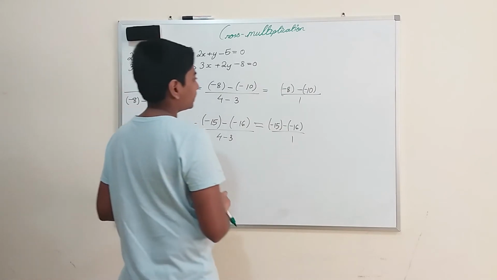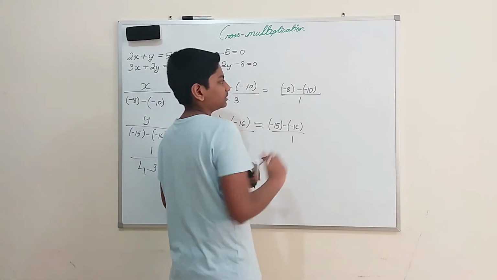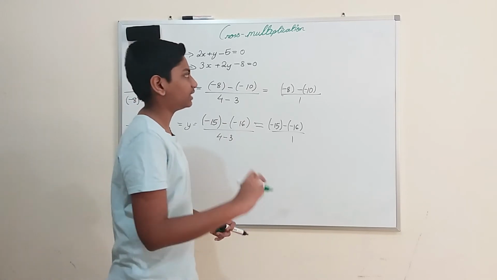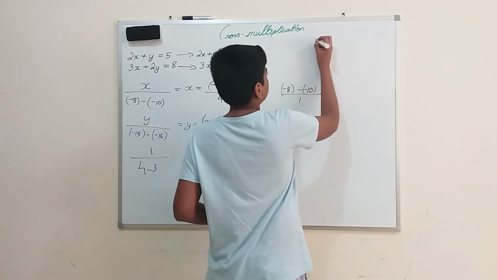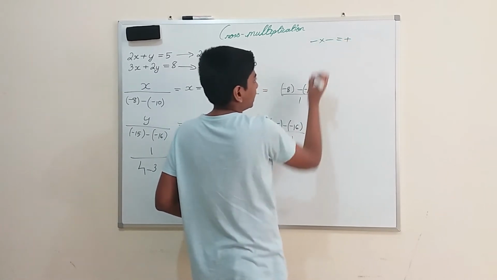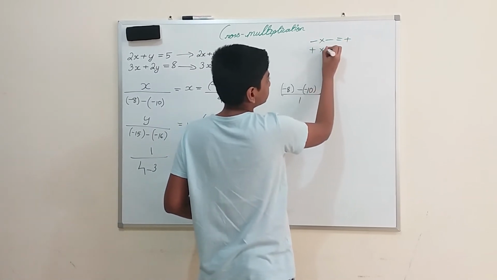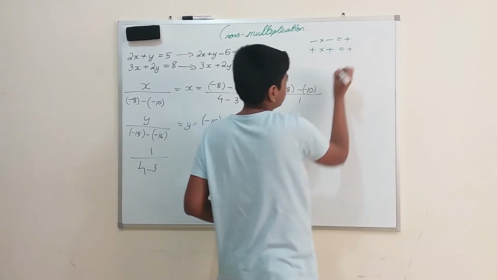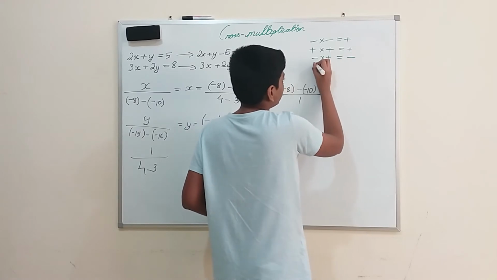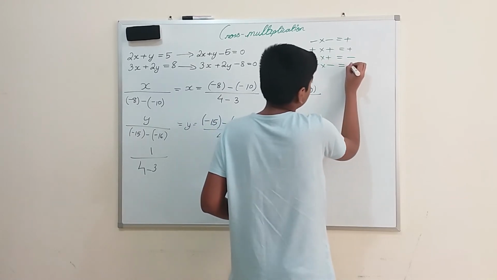Now while opening the bracket, I want to write a few things which we learned earlier in 7th or 8th grade. Minus into minus is equal to plus, plus into plus is equal to plus, minus into plus is equal to minus, and plus into minus is equal to minus.